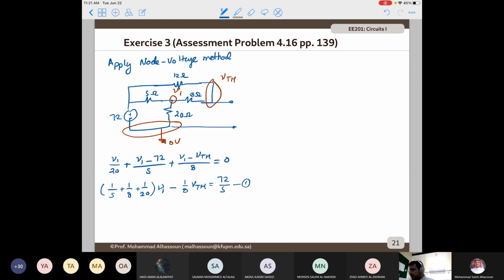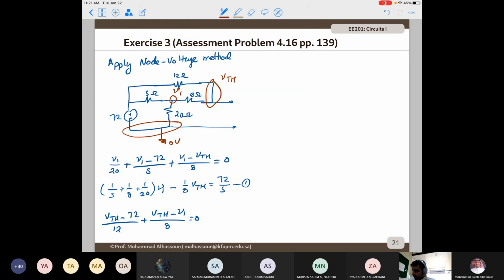The second equation is applying the node voltage at V Thevenin. So it's going to be V Thevenin minus 72 divided by 12 plus V Thevenin minus V1 divided by 8 equals 0.